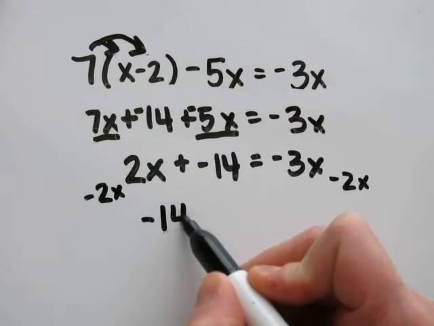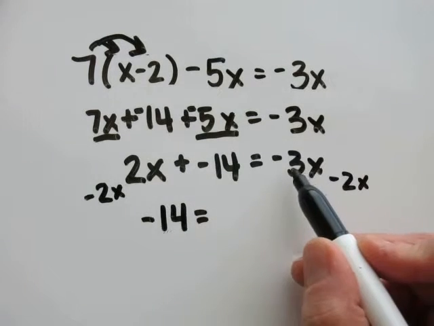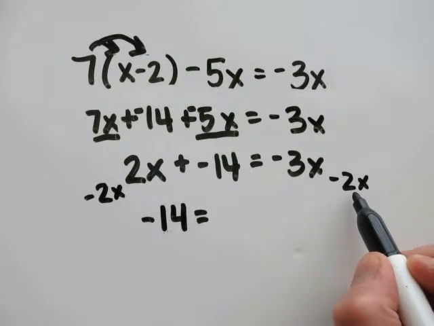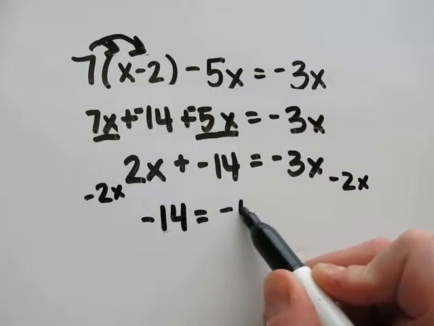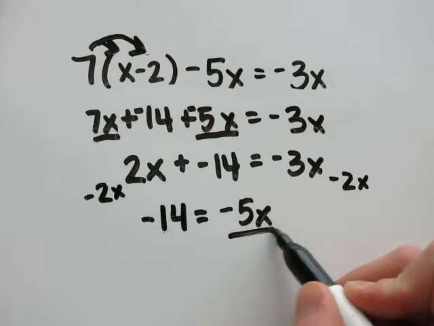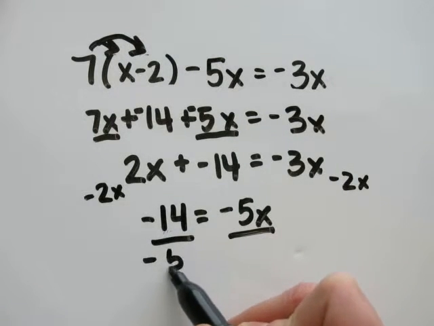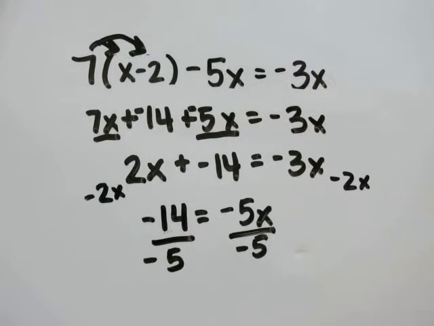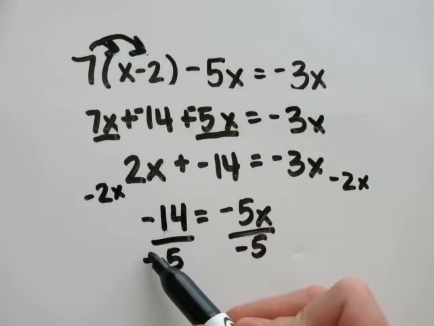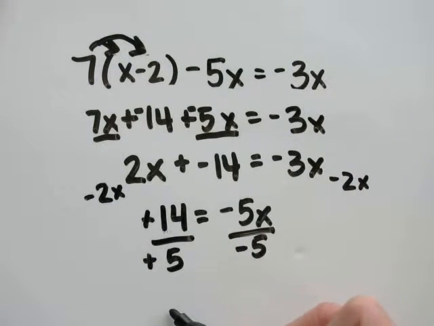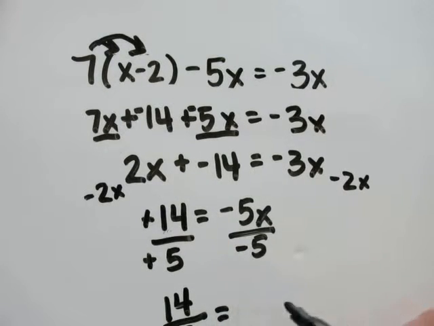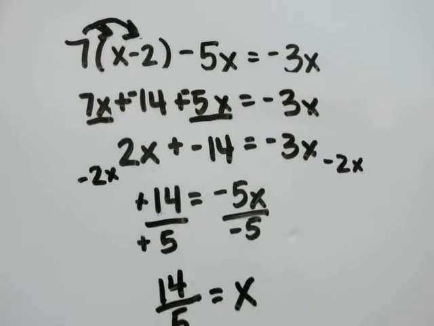I'm left with negative 14 equals negative 3 minus 2 is negative 5x. Divide each side by negative 5. These two negative signs cancel each other out, so I'm left with a positive 14 over 5 equals x.